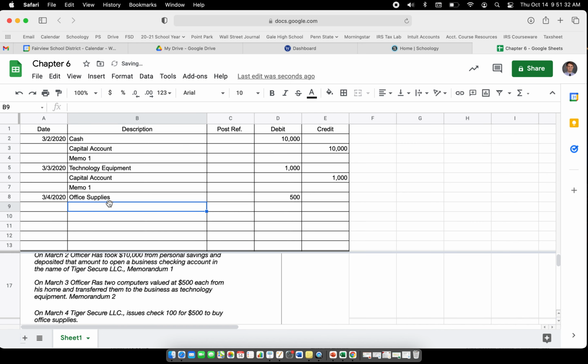And what account is credited? If you said cash, that is correct. And final question, what is the source document of this transaction? If you said check number 100, that is correct.